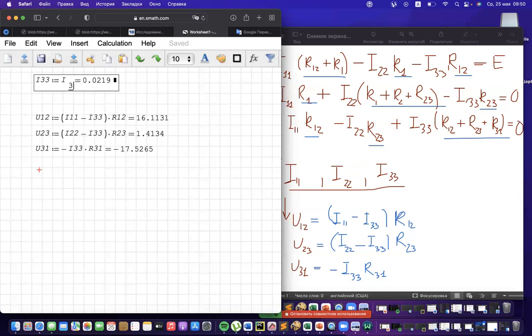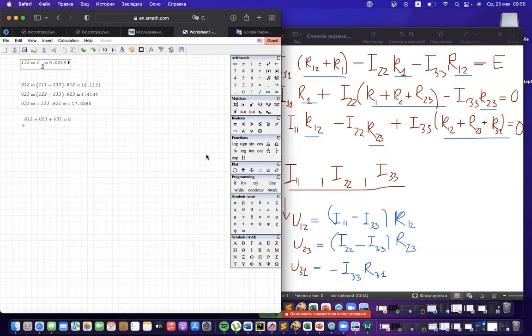And how could we check that everything is okay? Because these 3 voltages make up the whole circuit, according to the second Kirchhoff law, in total they should equal 0. And as you see, in total they equal 0. Everything is okay.